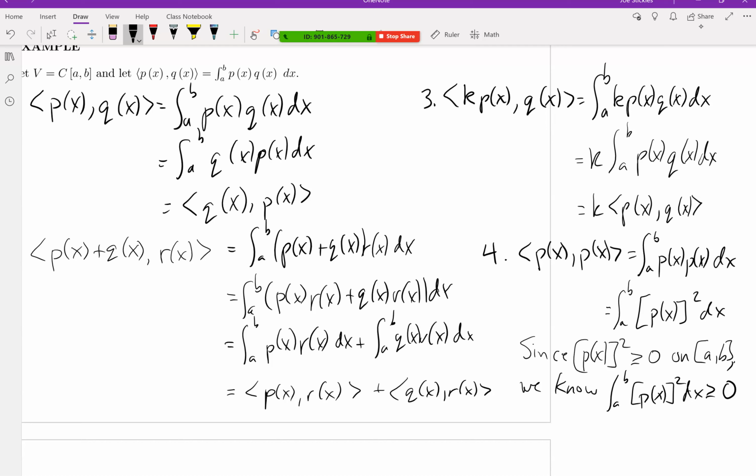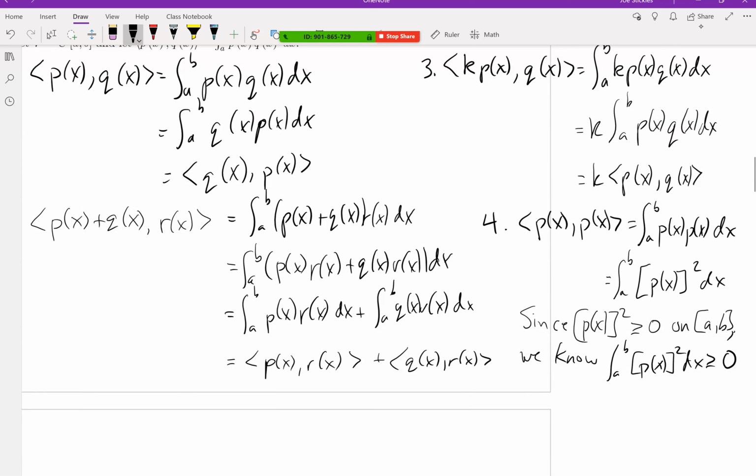But again, notice it wasn't just a matter of verifying a formula was working, right? The first three was just a matter of, hey, we're just pushing some symbols around and seeing that the formulas all worked. In this case, we actually had to make an argument to say, oh, I know this function, this p of x squared, is non-negative, so then the integral must also be non-negative.